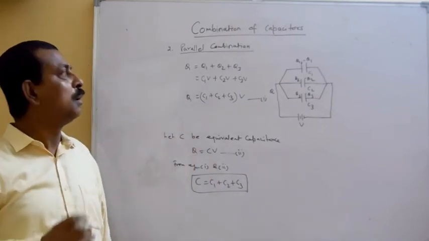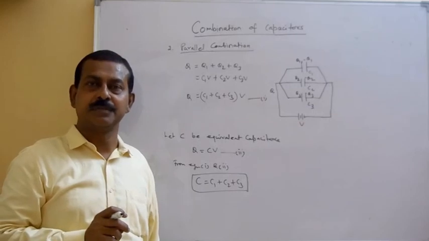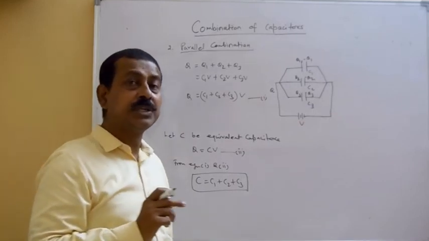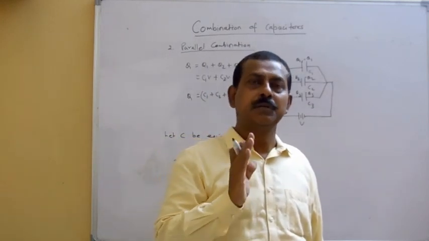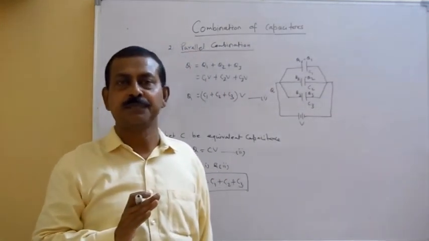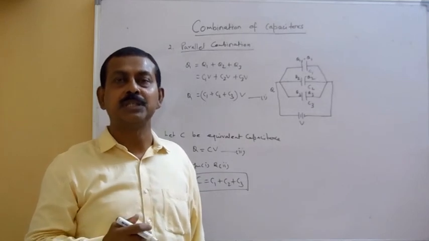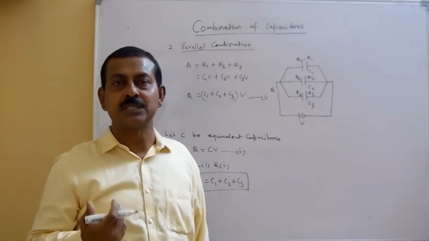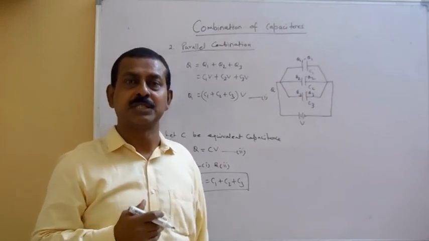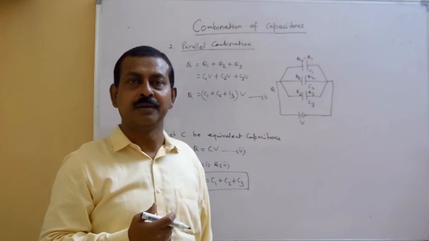So this is for parallel combination of capacitors. You just remember one thing, that the equivalent capacitance formula we get for capacitors joined in series or in parallel is just the reverse of what we get for resistances in series and parallel.